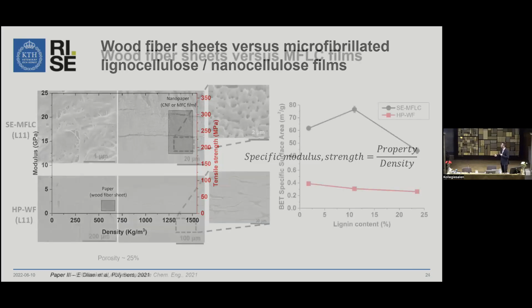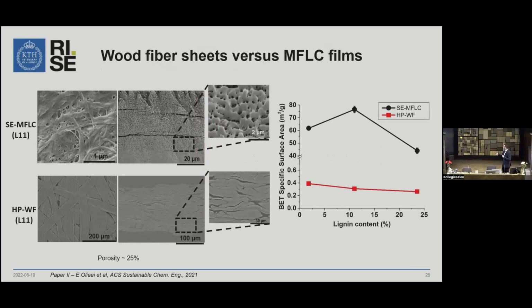So instead, we did a very careful study. We created MFLC and wood fiber sheets with similar density and overall porosity. The overall porosity was about 25% for both these structures. We take a look at the cross-section of these structures. In the MFLC film, the size of these pores is submicron.